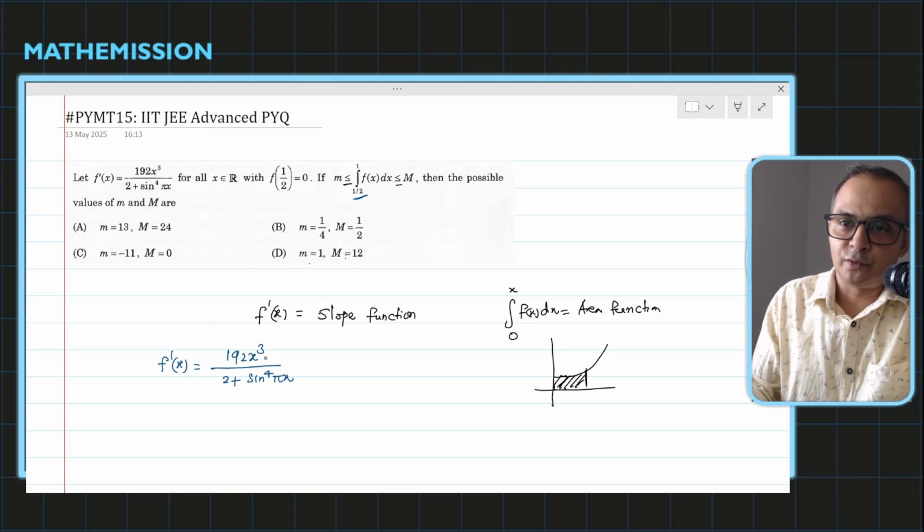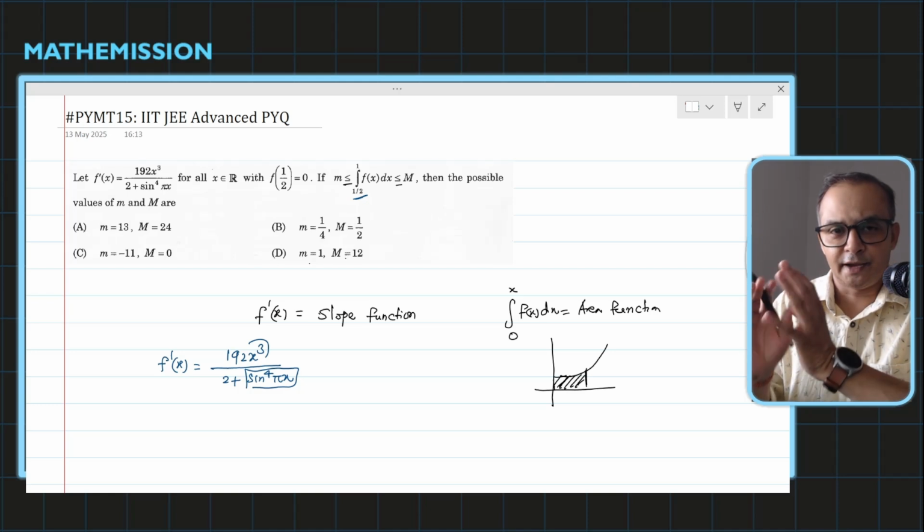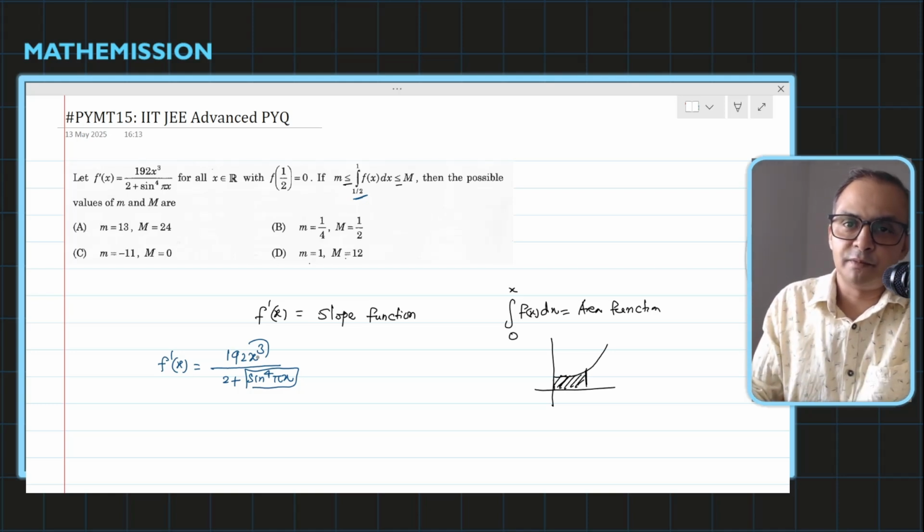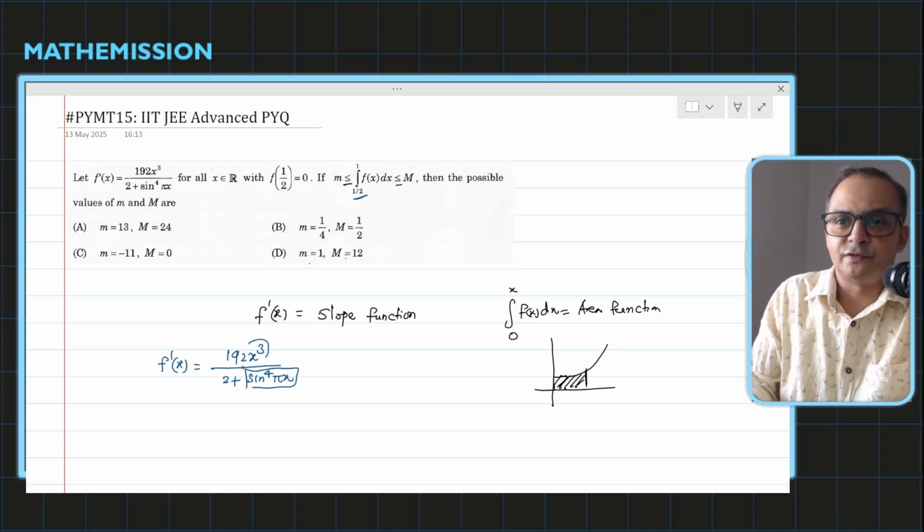Because from half to 1 the x cube will be increasing, and this sine to the power 4 pi x will never give any negative value. Between half and 1 it will be less than 1, but x cube will be increasing, and there is a 192, so still it will increase. Alright, so f dash x is increasing.